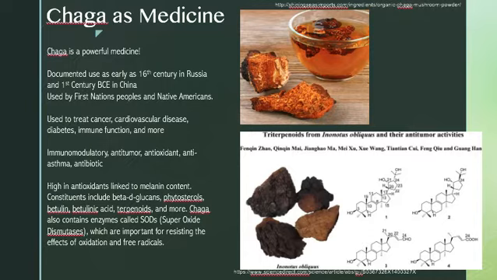But an important note is that it's best used with double extraction, meaning chaga extracted in both alcohol and boiling water, and this gets most of the medicinal constituents out of the chaga.